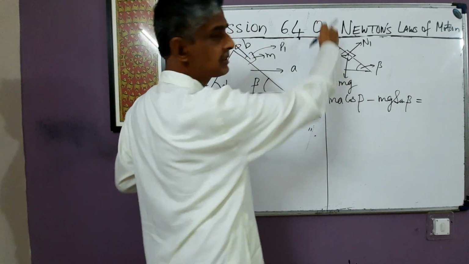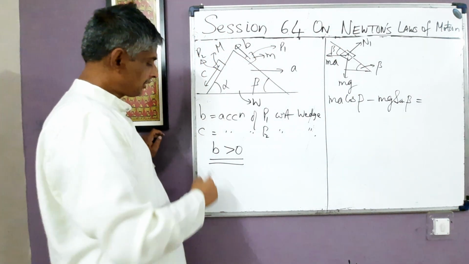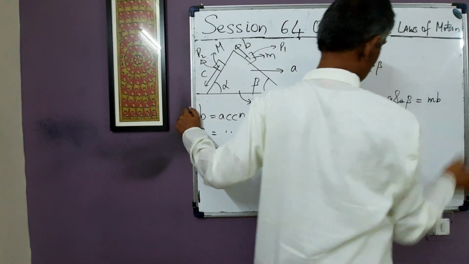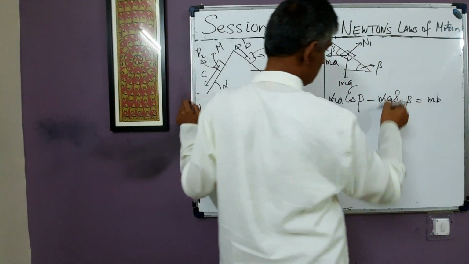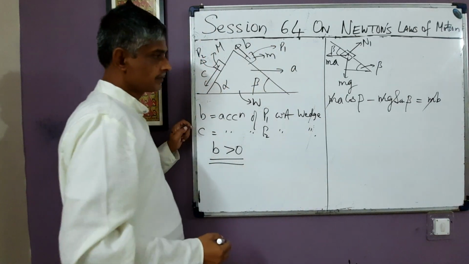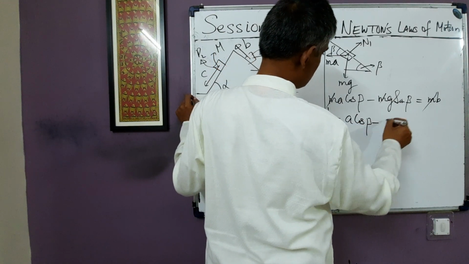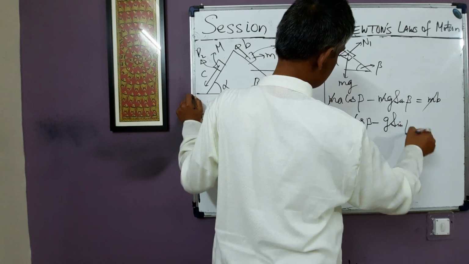N1 has no component in this direction, so it goes away. That is just equal to mB. Now m goes away, that's a common term. So B is equal to A cos beta minus g sin beta.